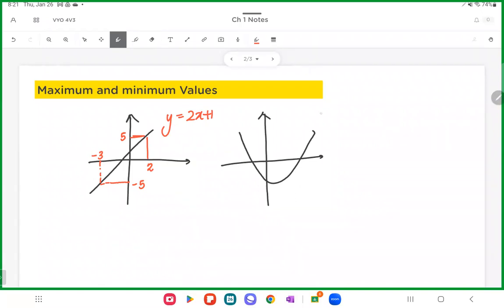Same thing goes for a quadratic. Let's say, for example, this is x squared minus something.